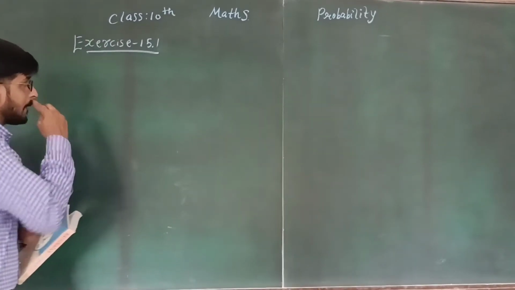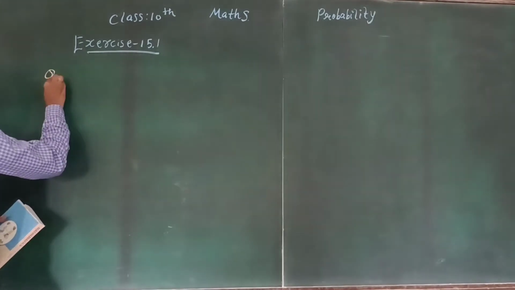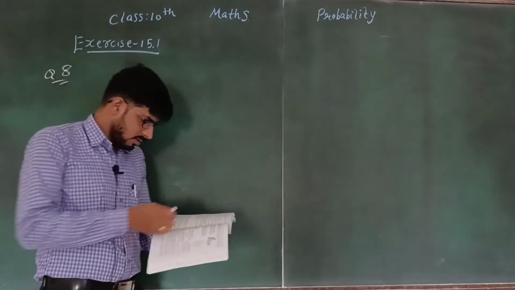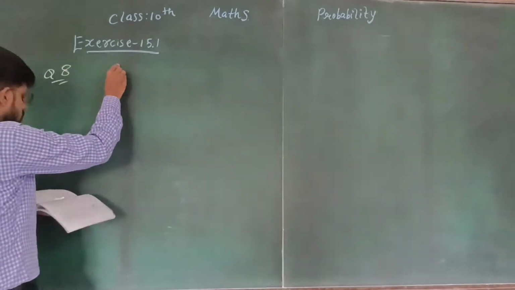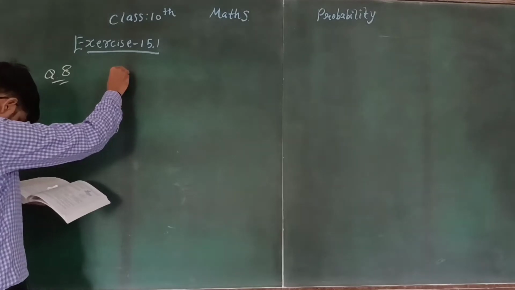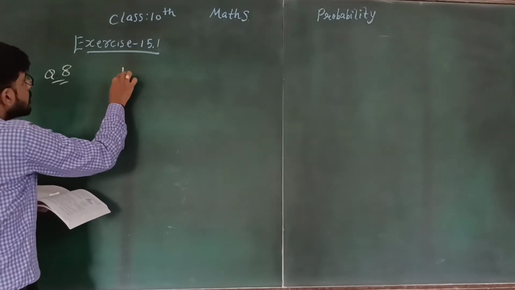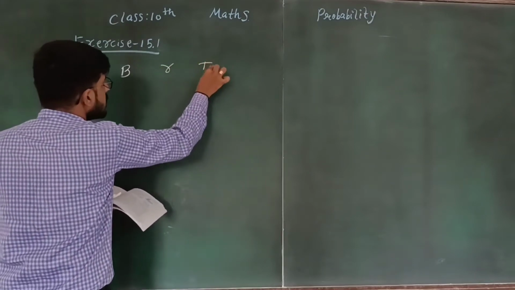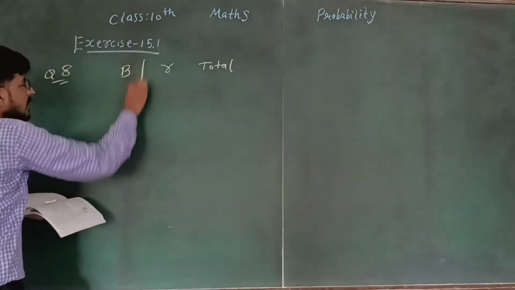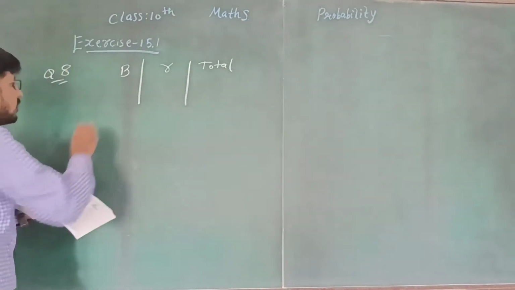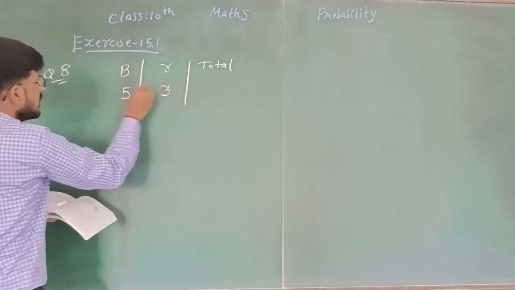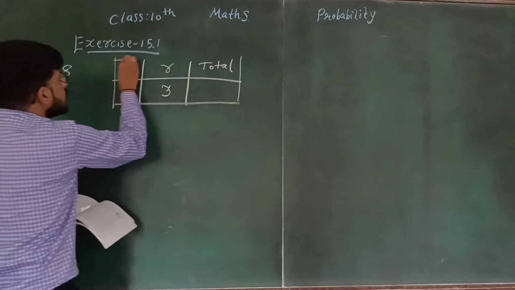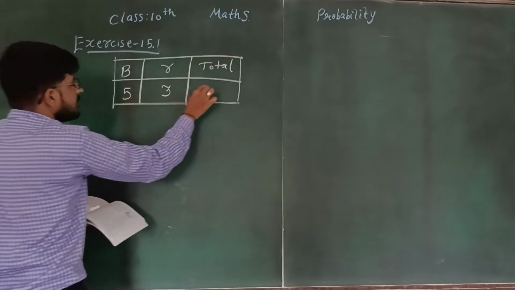Okay, so here in question number 8, 2 types of ball are given in a bag: first black ball and second red ball. A black ball 5 and a red ball 3, and the total number of balls will be 5 plus 3, 8.